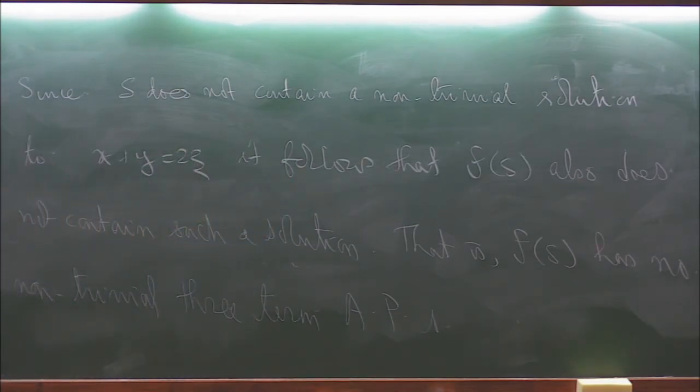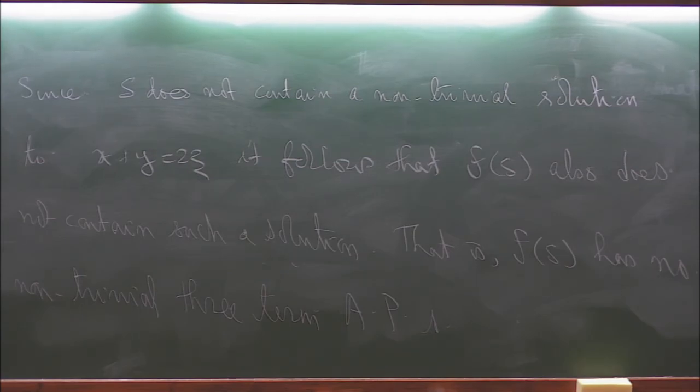Okay, so this is the nub of the argument. You come up with a natural example which doesn't contain three-term APs, namely the boundary points on a sphere, which for obvious geometric reasons are extreme points, so they don't contain three-term APs, and then make a map which preserves the structure, that is x plus y equal 2z will be satisfied if and only if f of x plus f of y equals 2f of z.